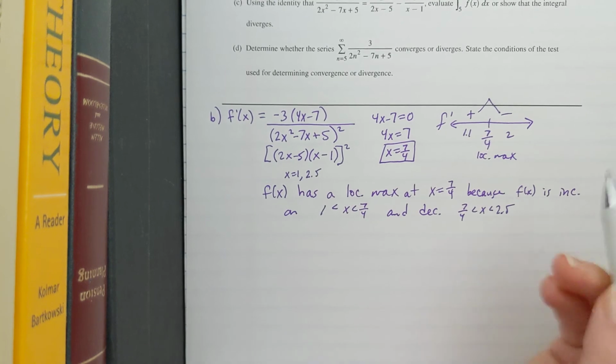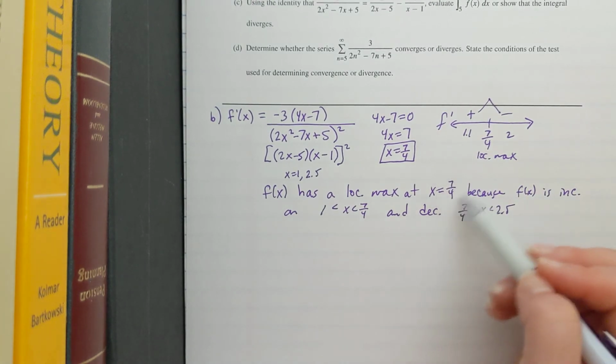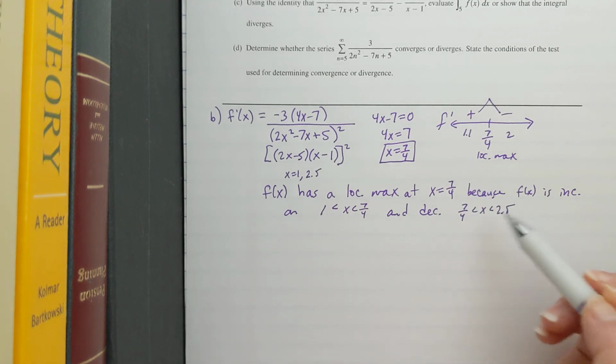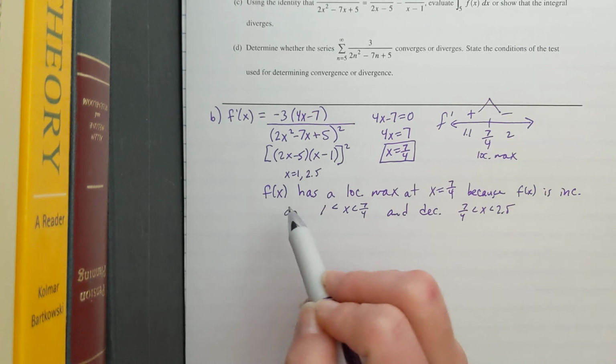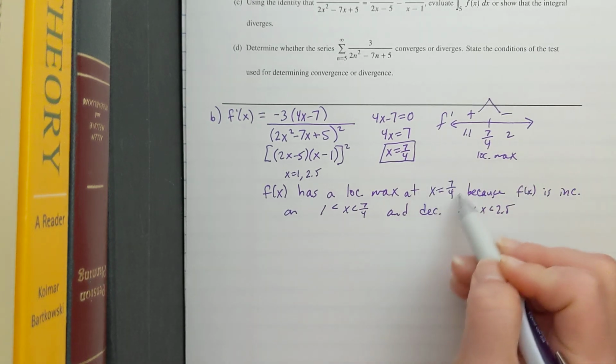So we can say that. You could say that it's increasing directly to the left of x is 7/4 and decreasing directly after 7/4. You need to mention that it is f of x that's increasing and decreasing. You need to mention the x of 7/4.